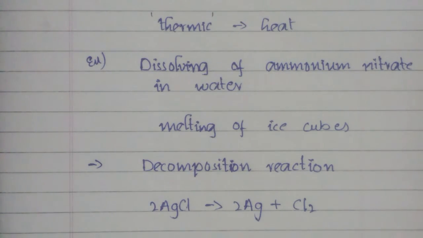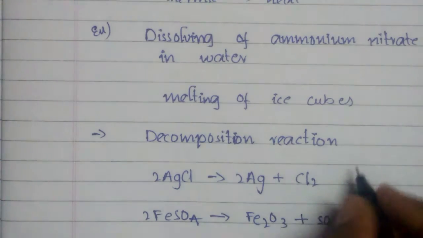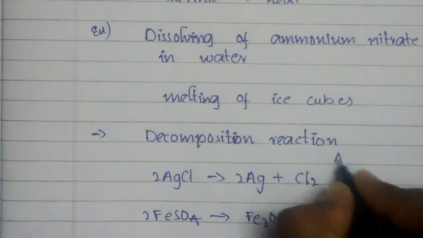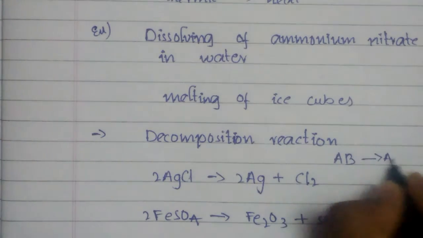Decomposition of calcium carbonate to calcium oxide and carbon dioxide on heating is an important decomposition reaction used in various industries. We can also represent decomposition reaction as AB gives A plus B.